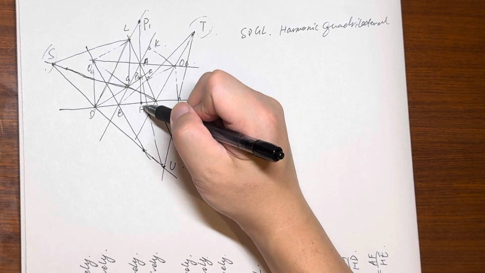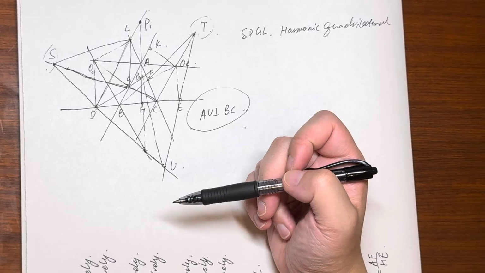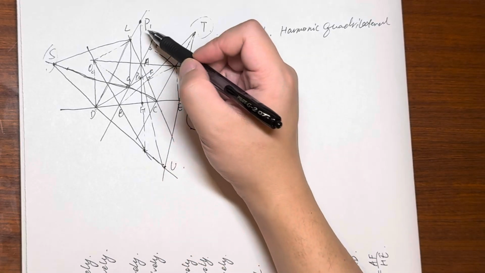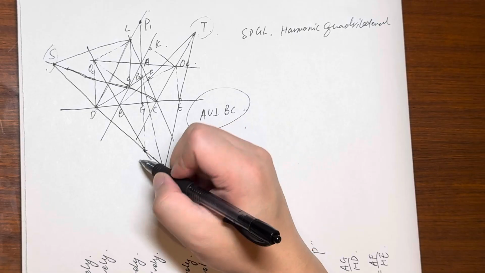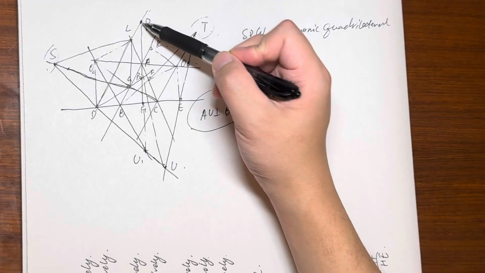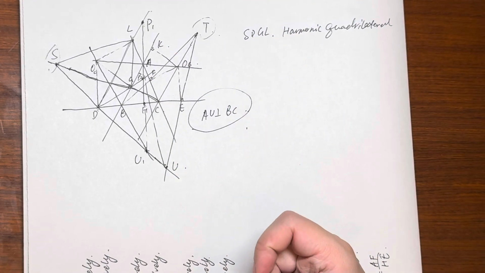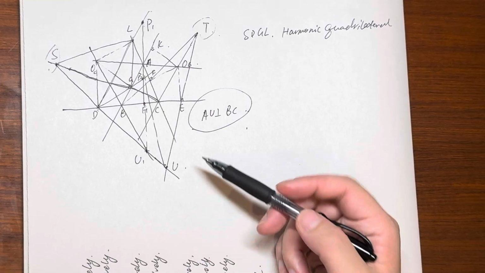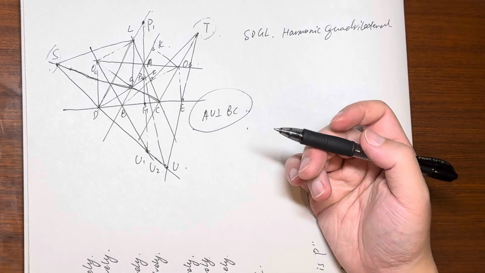Then we know that this forms a harmonic bundle, which means P1, P2, H, and let's call it U1. Right? P1, P2, H, U1. It's a harmonic array. And similar for this side, let's call it U2, would be another harmonic array.